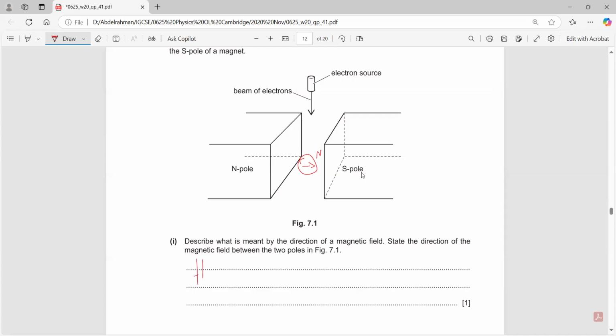So it's the direction of the force on the north pole of a small magnet or of another magnet.